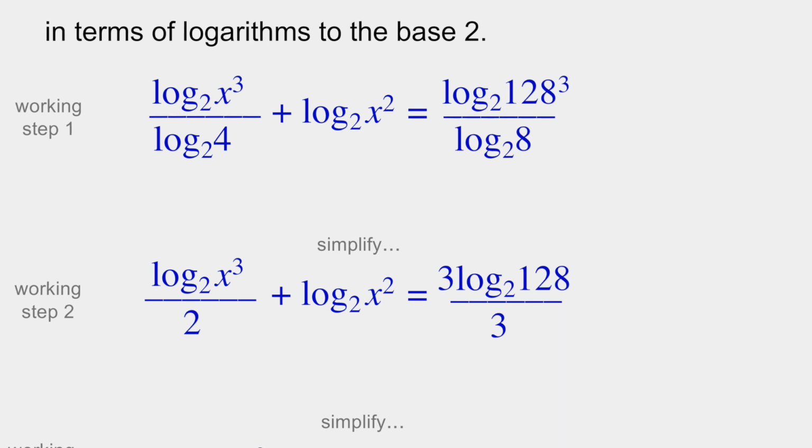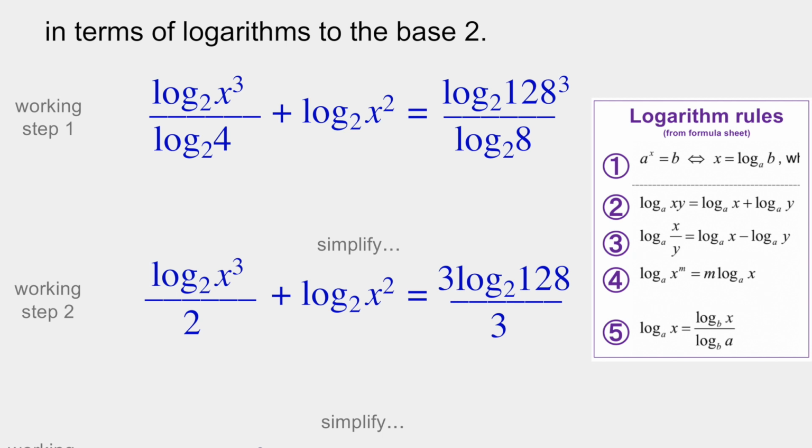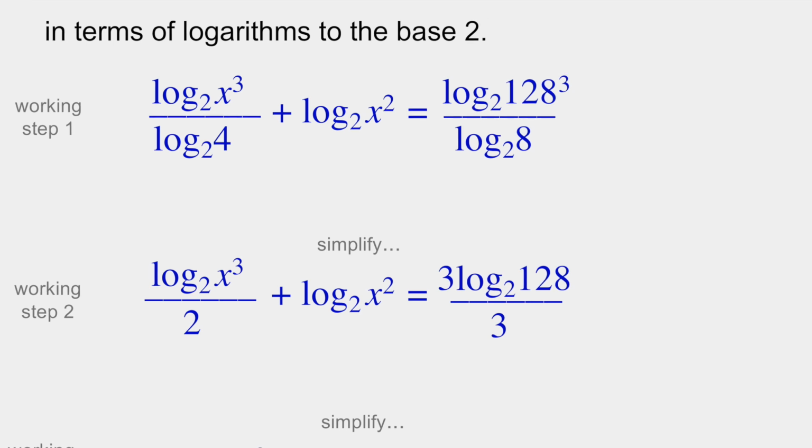Also note that I used logarithm rule number 4 to make the power a coefficient for the fraction on the right hand side in this step. In just this particular working, I didn't use that rule for the first fraction, and I will be doing that in the next line of working. So that simplifies into our working step number 2.